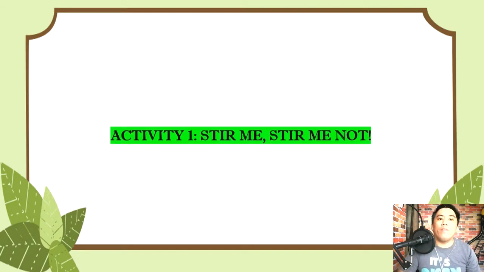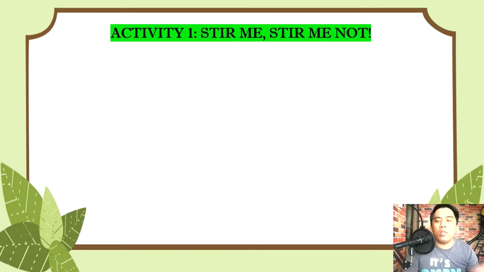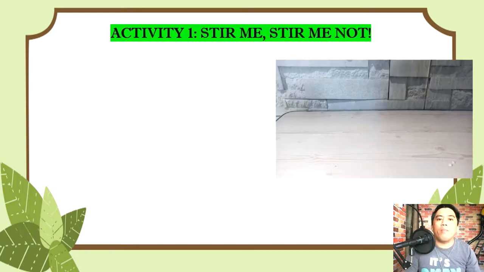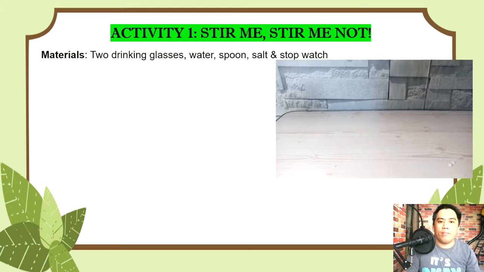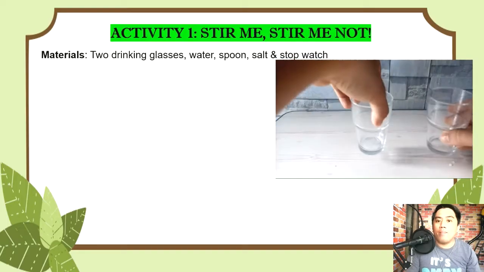Okay, so activity 1 natin. In this lesson, meron tayong 5 activities. Activity 1 natin, Stir Me Not. What are the materials needed? We need 2 drinking glasses, water, spoon, salt, and stopwatch.